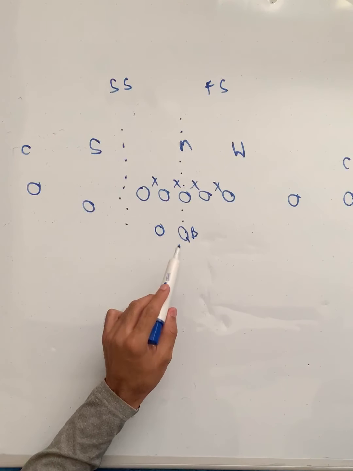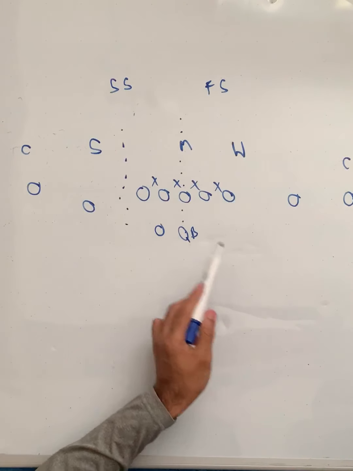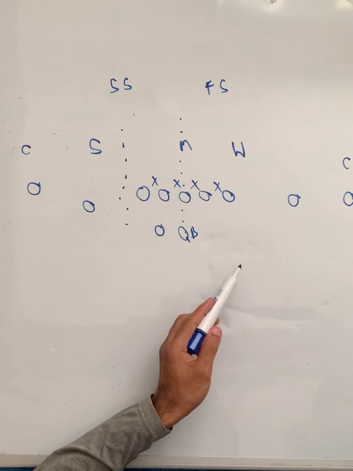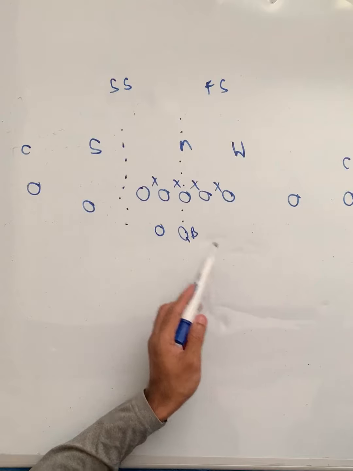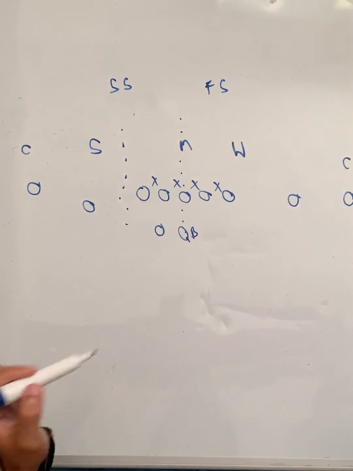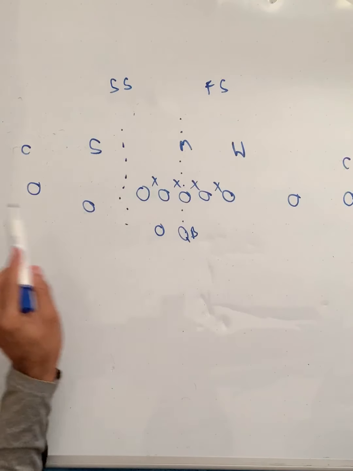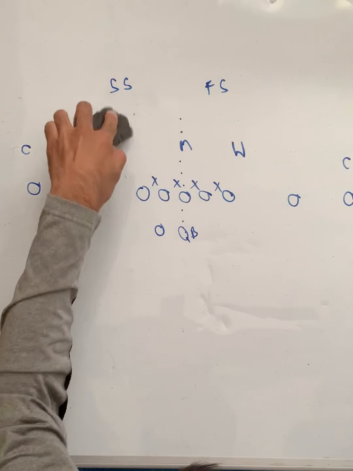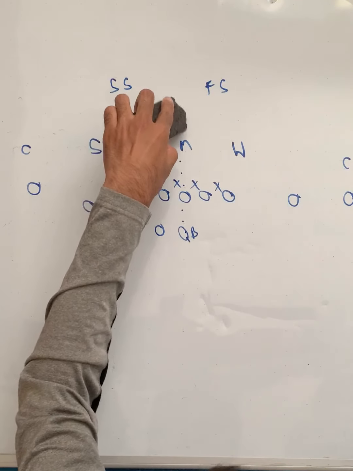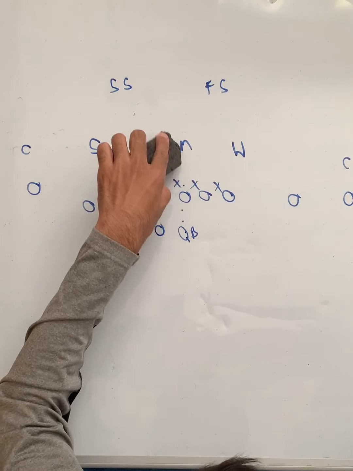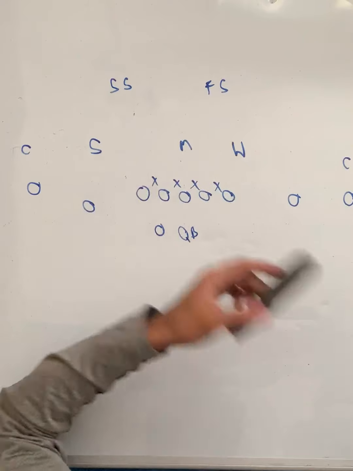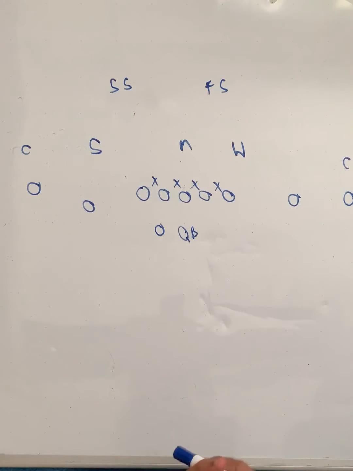If it's happening on the right hash, that means the right side of the field is going to be the short side of the field because you're closer to the sideline here. On the left side, you're going to have more space. So that's the first thing you want to establish. To understand cover 6, you've got to understand the short side, and I guess you could call it the far side of the field.